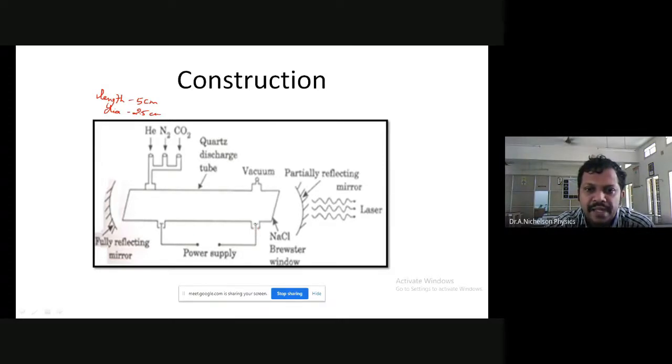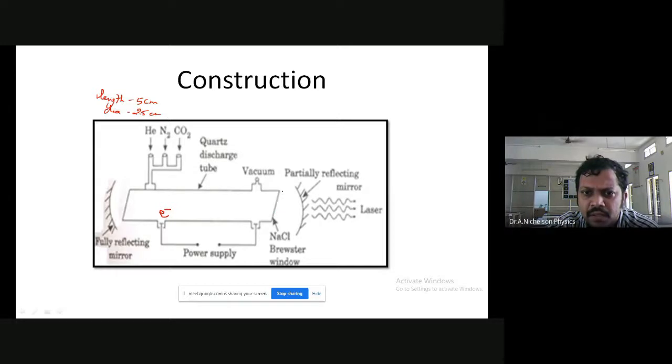The highly accelerated electrons, that means electrons with more energy, will enter inside this discharge tube. That will collide with the gaseous atoms, followed by the inelastic atom-atom collision. So the other things happen, I'll explain.